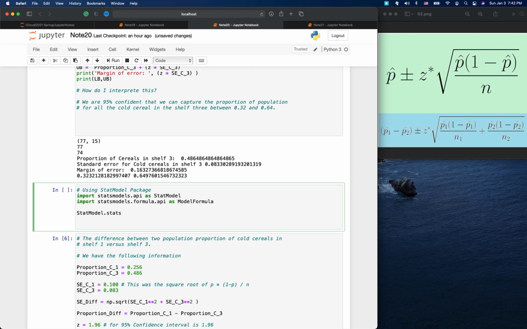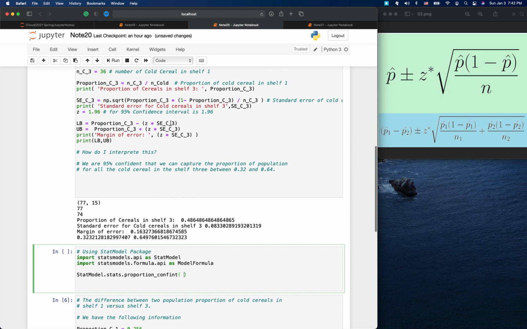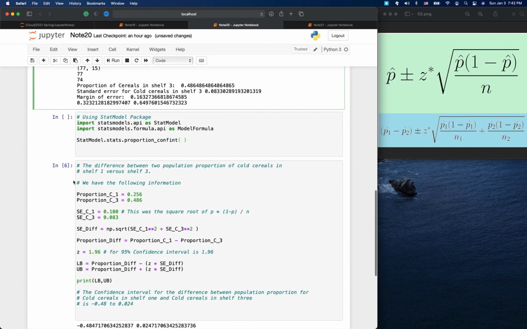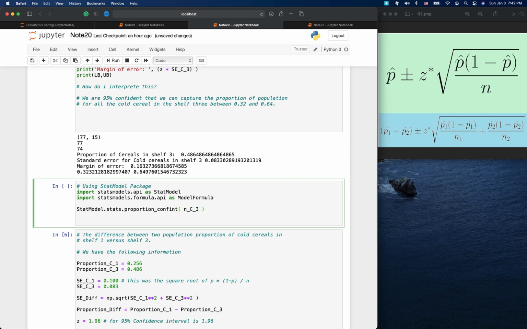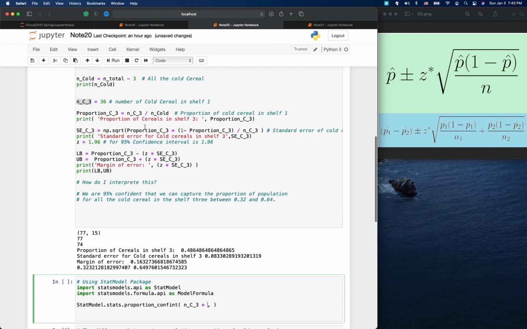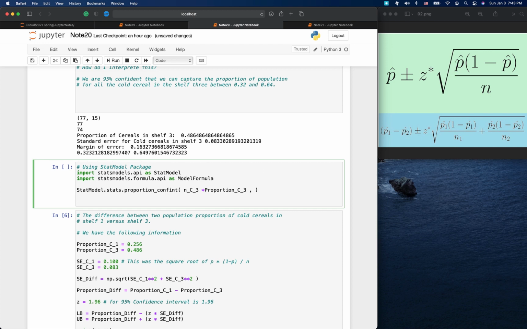We use stats dot proportion_confint, and then we are going to use this one, and actually this multiplied by the proportion of cereal in shelf 3, and then the second argument is again the number of cold cereal in shelf 3.